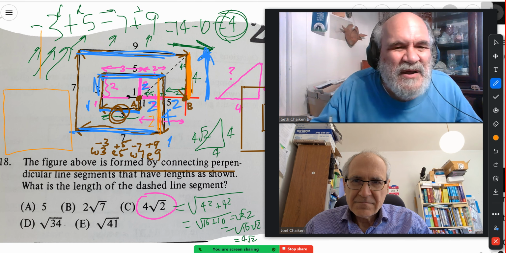Only the particular lengths that this problem gave you result in the starting point and the ending point ending up at a horizontal angle.